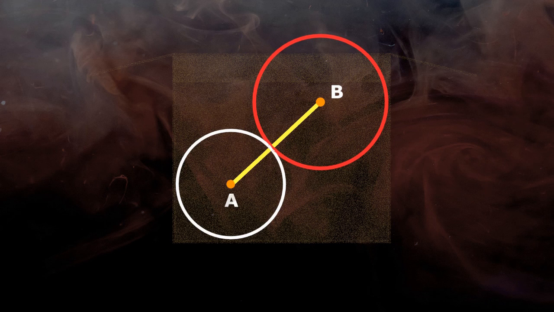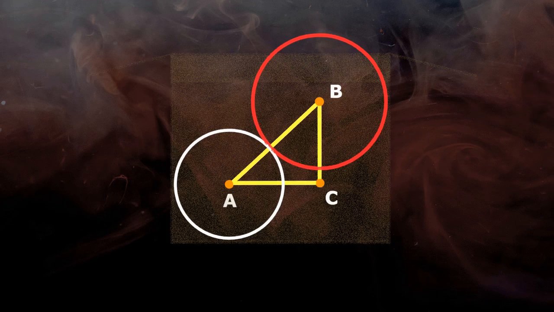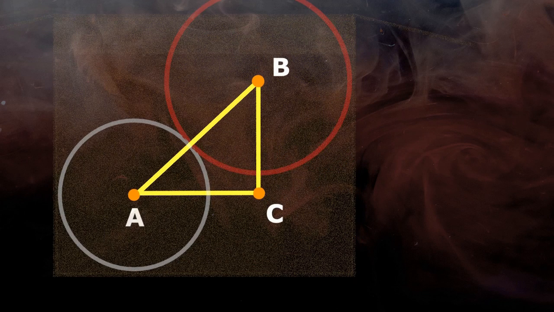R3 acts along this line AB only, as we discussed. Now try to make a right angle triangle by extending horizontal or vertical lines from A and B. Here a horizontal line is extended from A and a vertical line from B, and we get a right angle triangle.